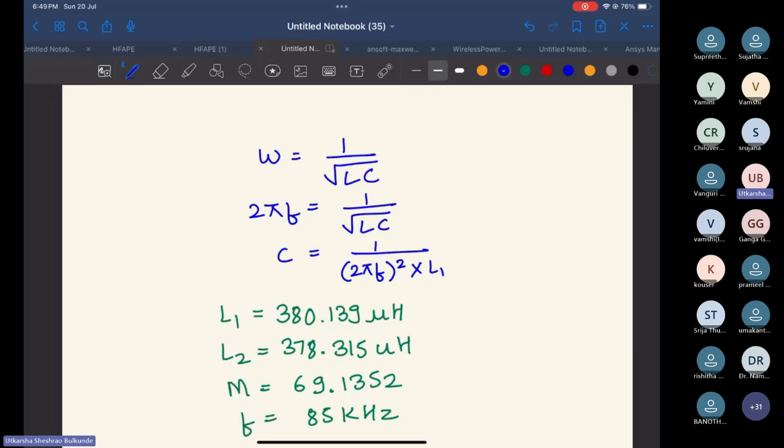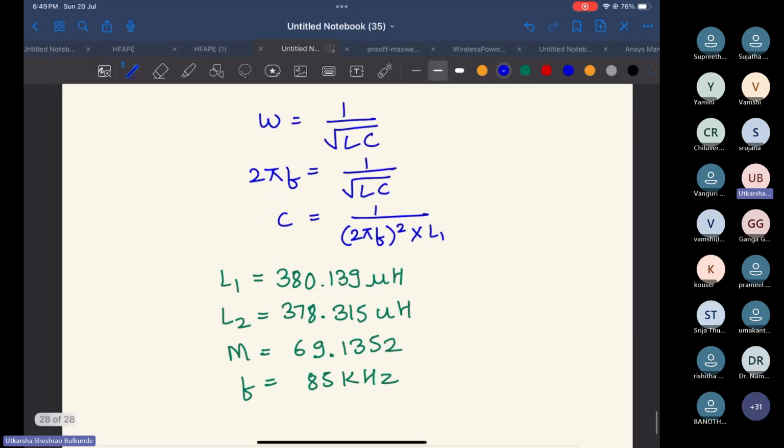This is the way to calculate capacitor value. But in the Maxwell circuit, for making it operate at resonance, you have to give L1 minus M, the mutual inductance. In real life, you will just give the self inductance, but in the Maxwell circuit, to operate at resonance, you have to subtract the M value.